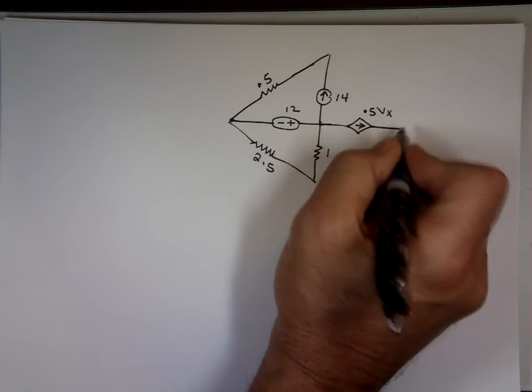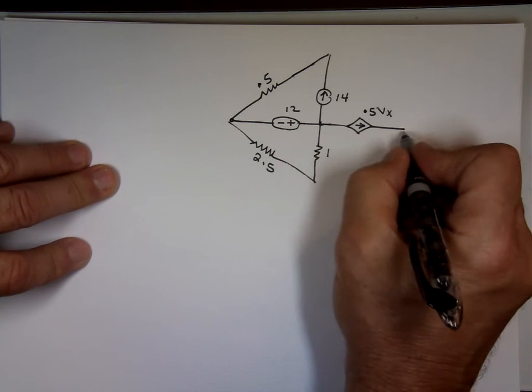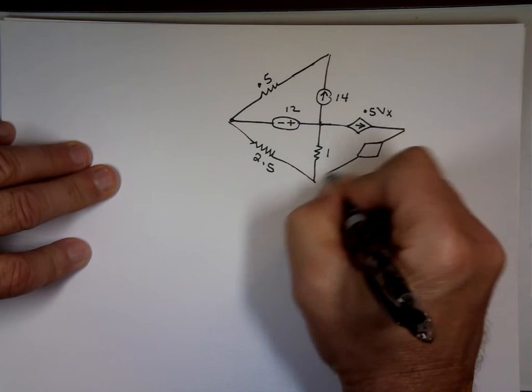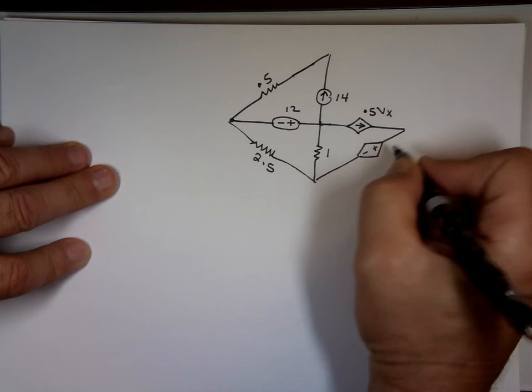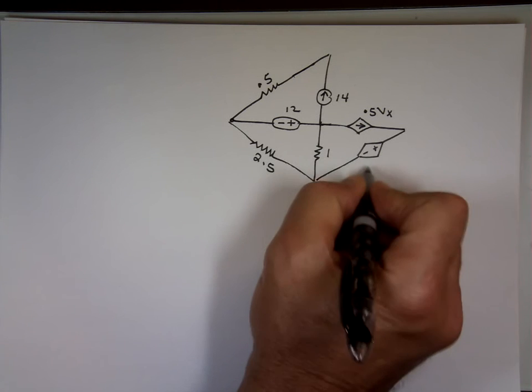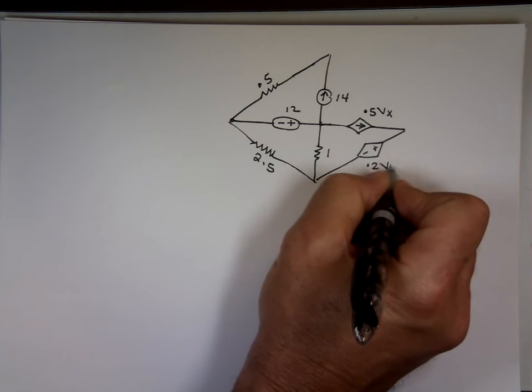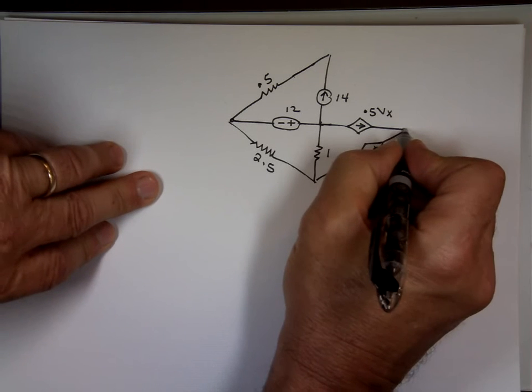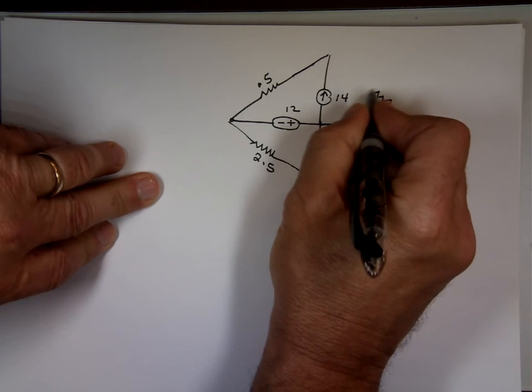Let's put a dependent voltage source here too. Let's go crazy with it. And the value of that, 0.2 Vy. One is Vx, one is Vy. And let's put a 2 ohm resistor here.